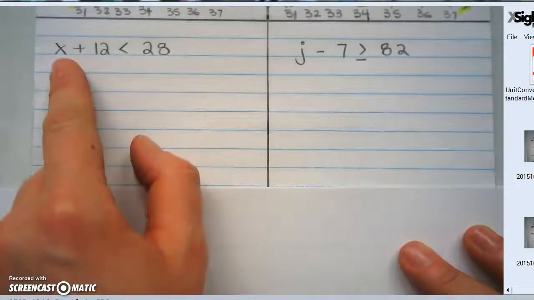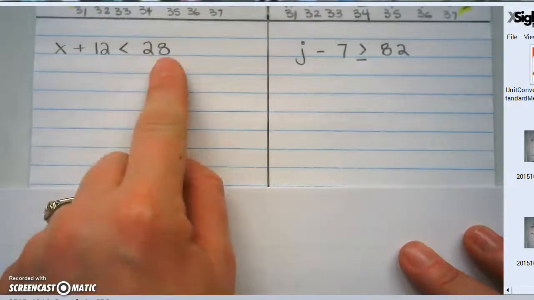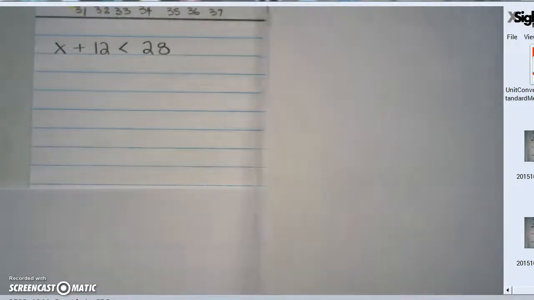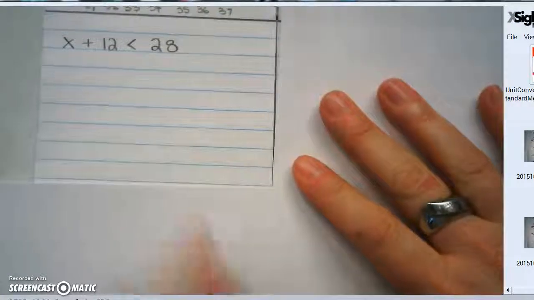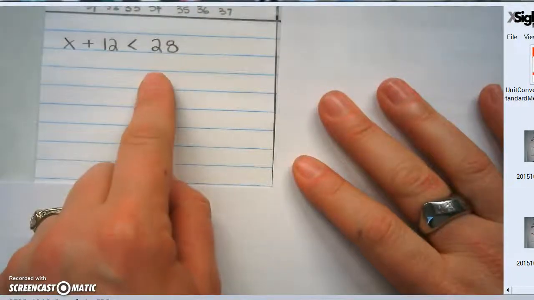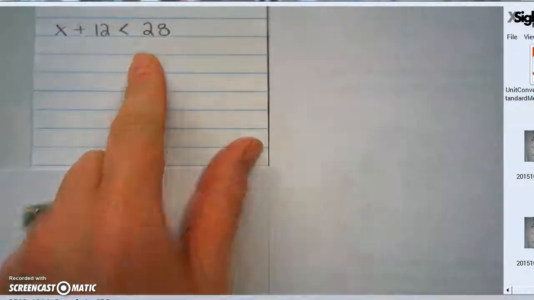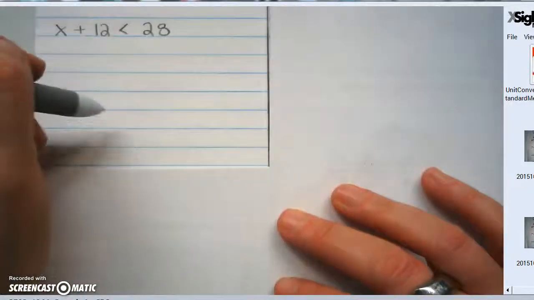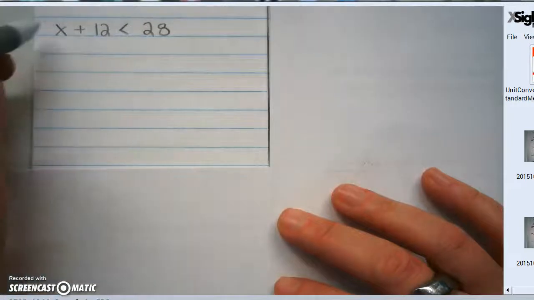Here I've got x plus 12 is less than 28. And in fact, let's just focus on this one for right now. I'll cover this other guy up. x plus 12 is less than 28. And in class, we've been solving these, and then we've been graphing the solutions on a number line.